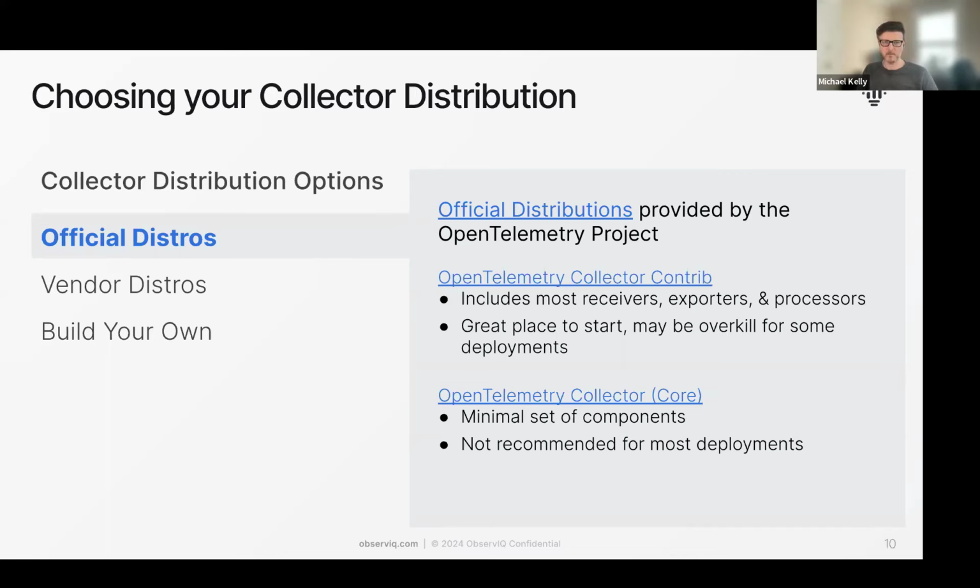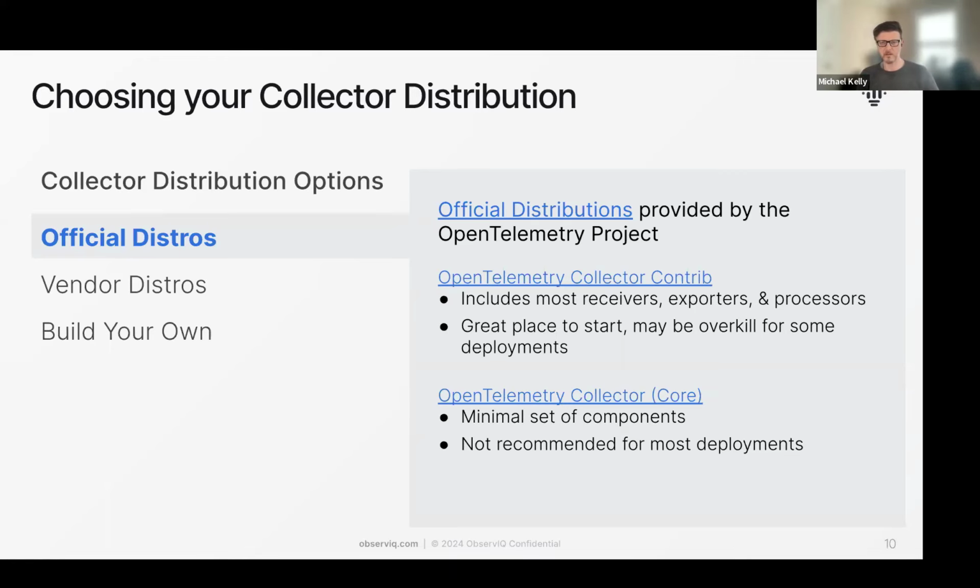So when we're talking about official distributions, the 2 distributions, it's key to understanding the difference here. The Collector Contrib is the most commonly used collector that's out there right now. It includes the majority of the receivers, the exporters, and processors.